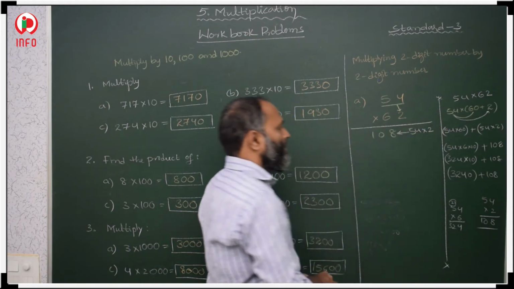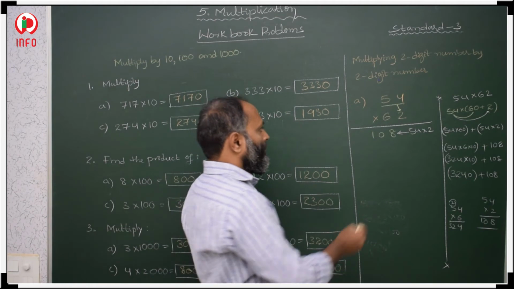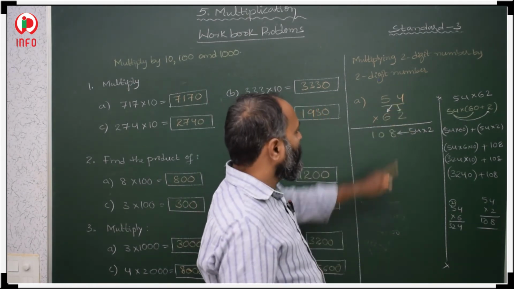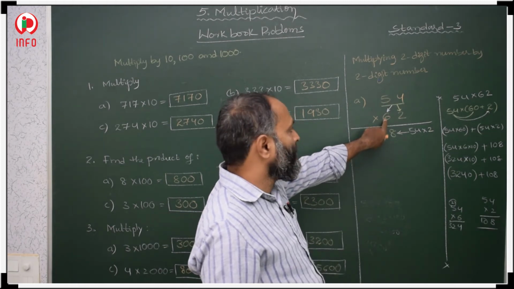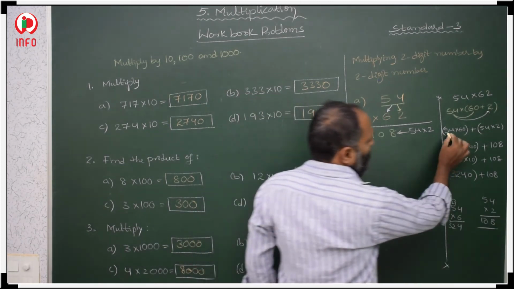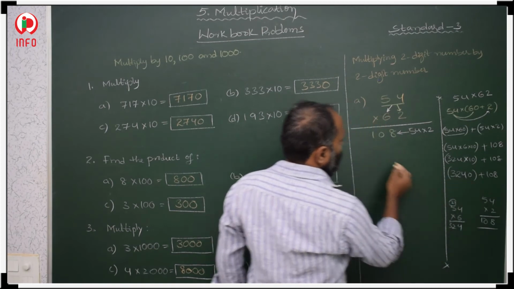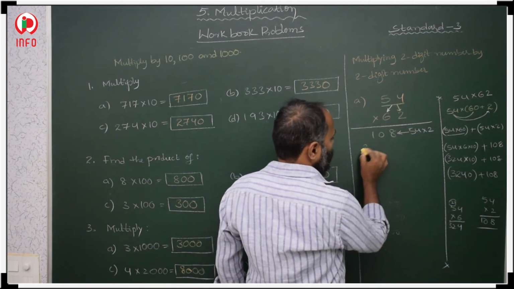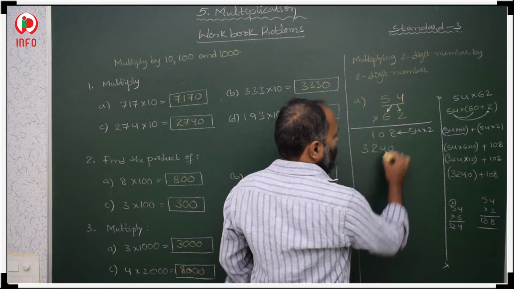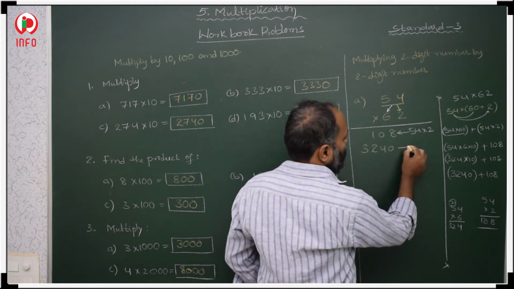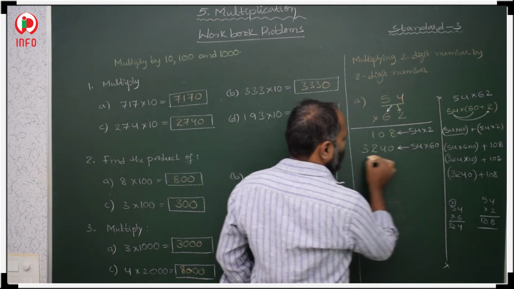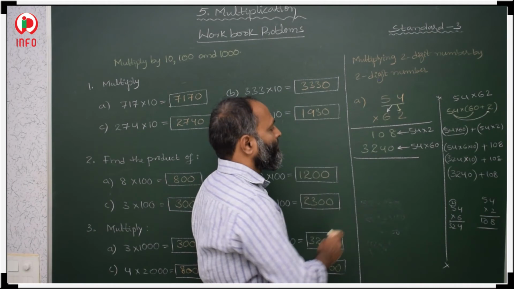Now 54 60s are. 54 is in the tens place, so that is 54 60s are. How much is 54 60s are? 3240. It represents 54 60s are. Now add these two.